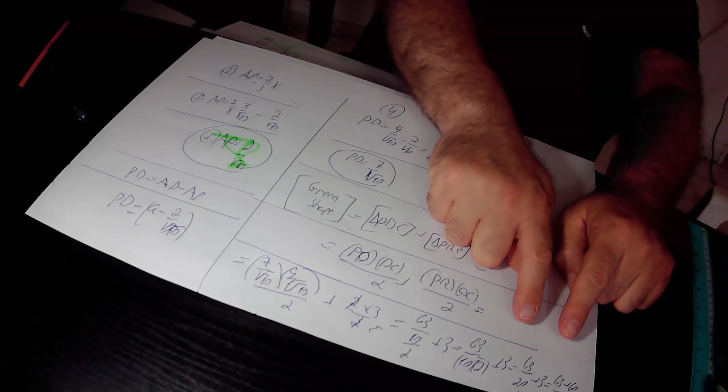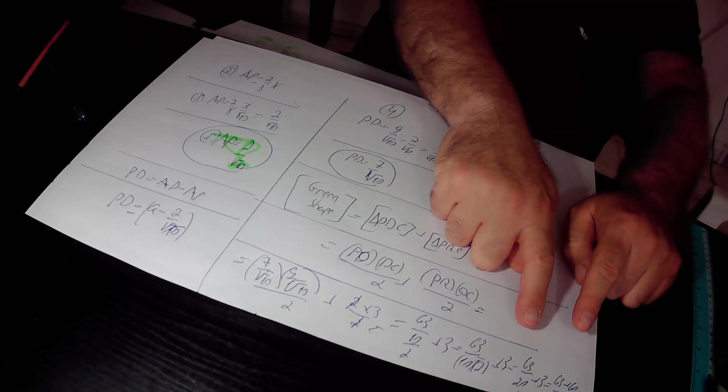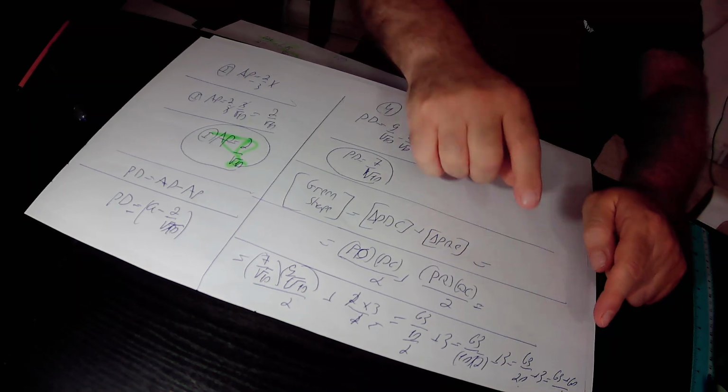Here we multiply 3 by 20 and then divide it by 20 in order to get a common factor with this number. We have in the numerator 63 and 3 times 20 is 60, divided by 20. 63 plus 60 is 123 divided by 20.